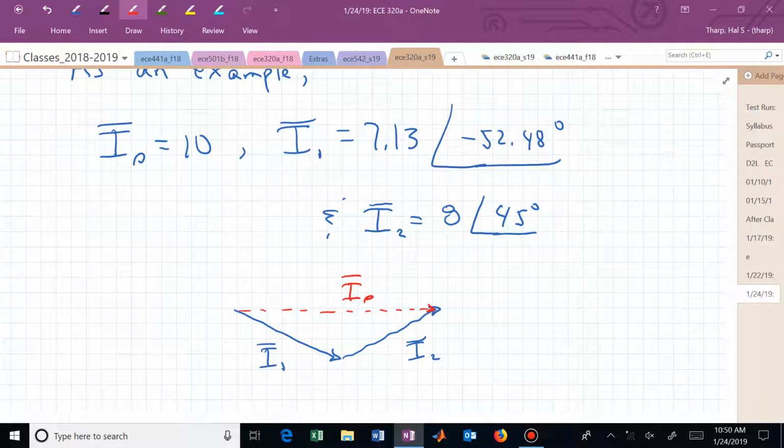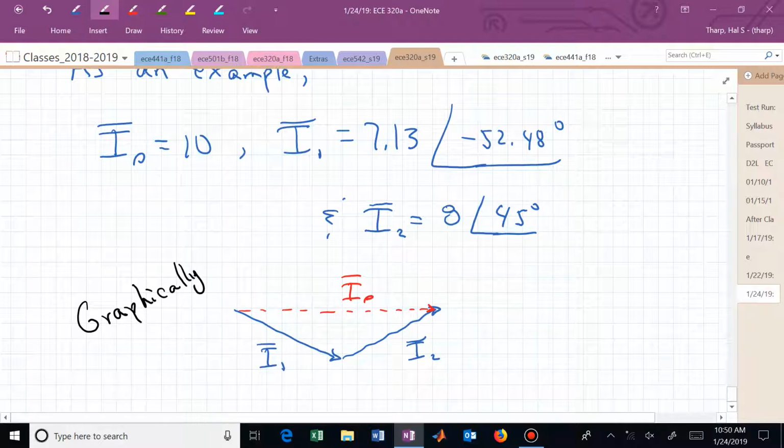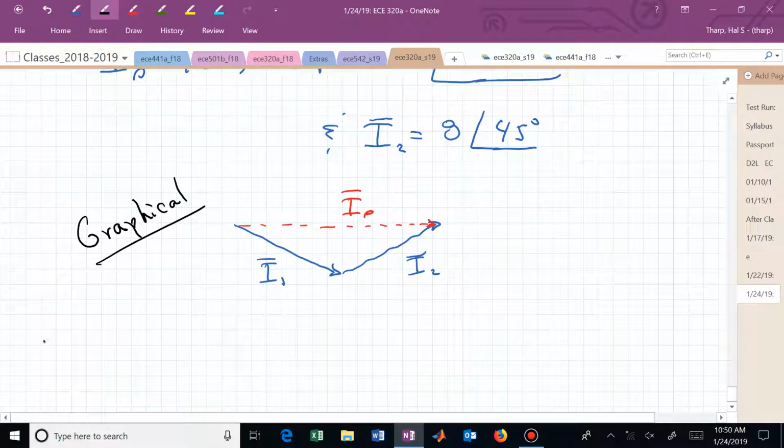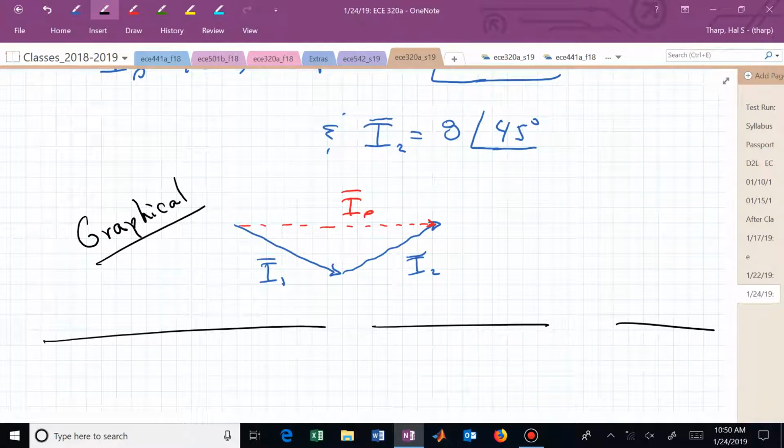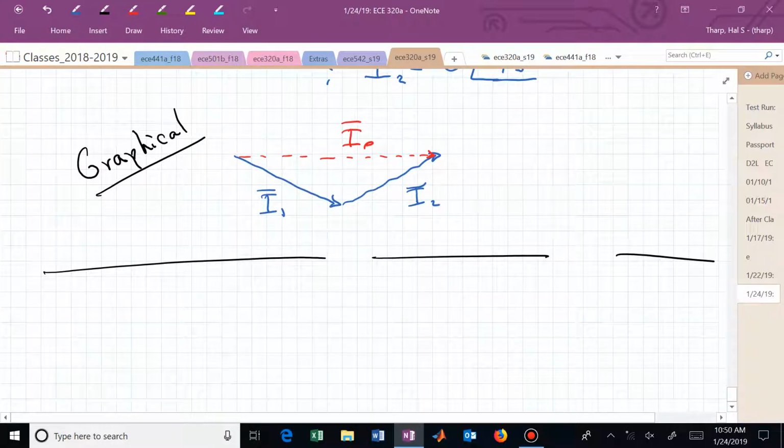That's of length 10. And there's the graphical justification for that example. Keep in mind then that phasors have to be added vectorially. That's illustrated right here in this graphic of KCL.